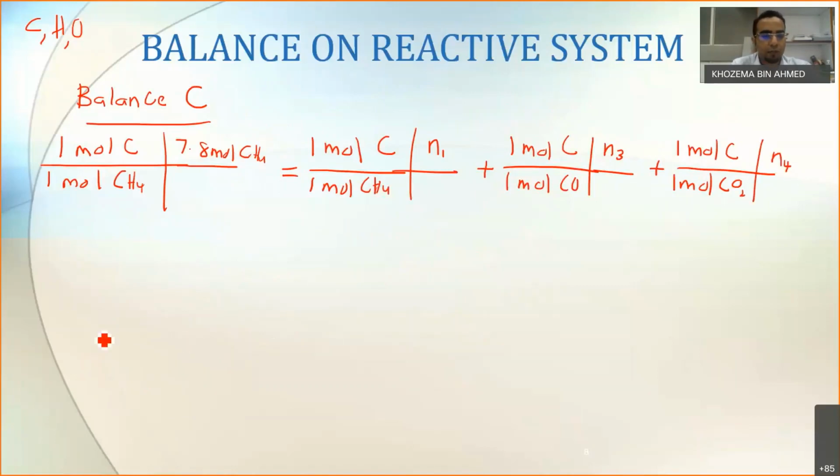So if I simplify and solve the equation, I get 7.8 is equal to N1 plus N3 plus N4. I already calculated my N1, and I have a relationship between N3 and N4.